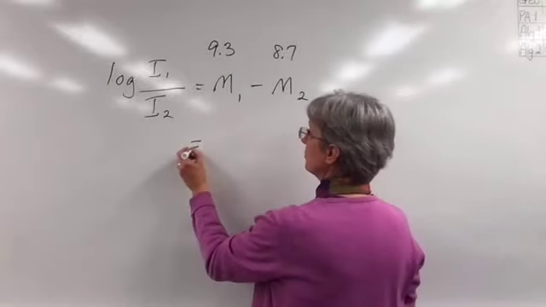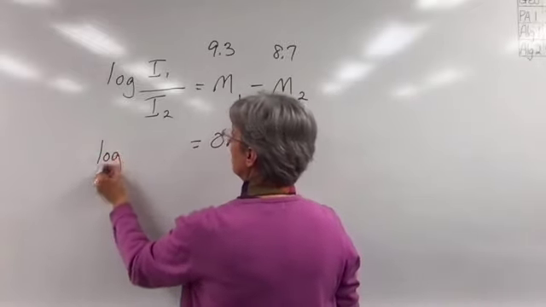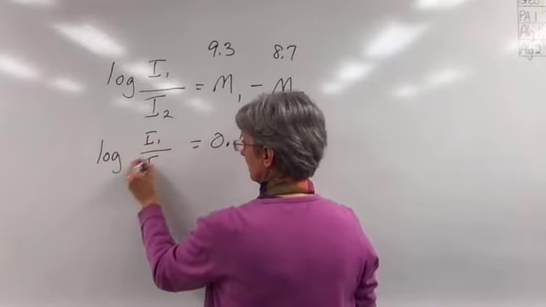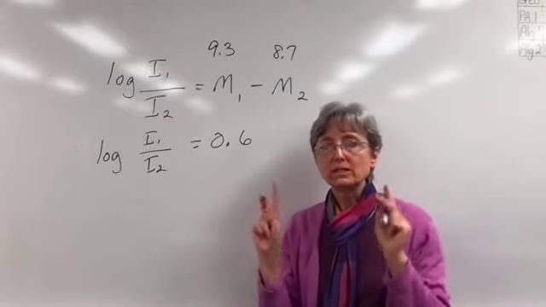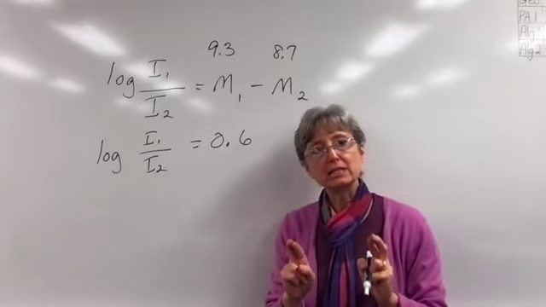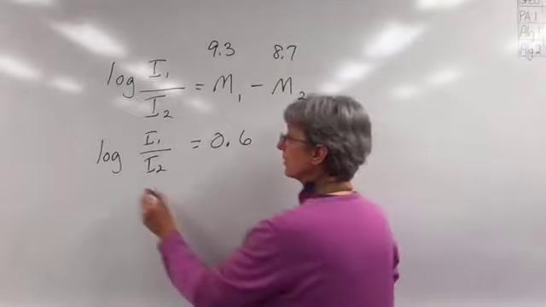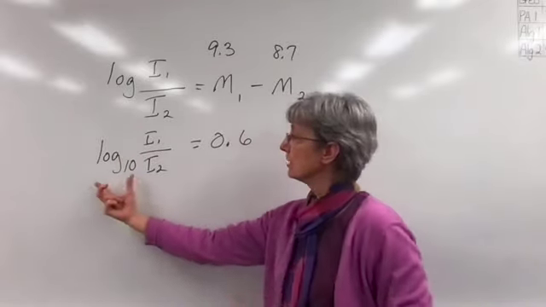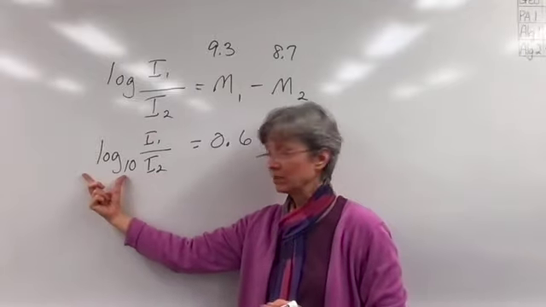It's just 0.6, right? So I have the common log of this is 0.6. Now, what's my invisible base? My invisible base is 10. Remember, this is the common log. So what I'm going to do to solve for this value is get rid of this log.